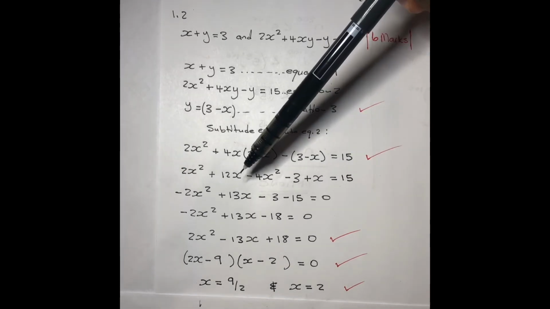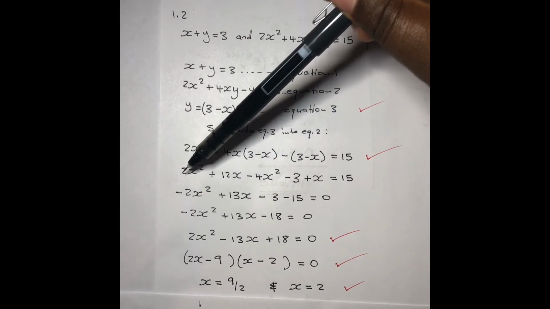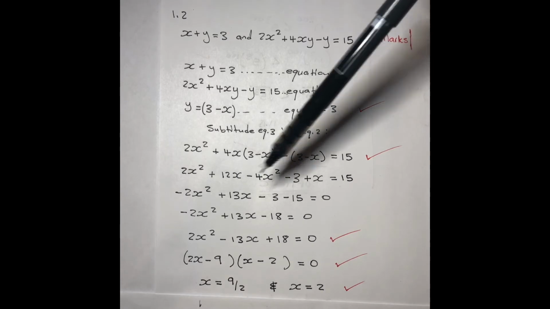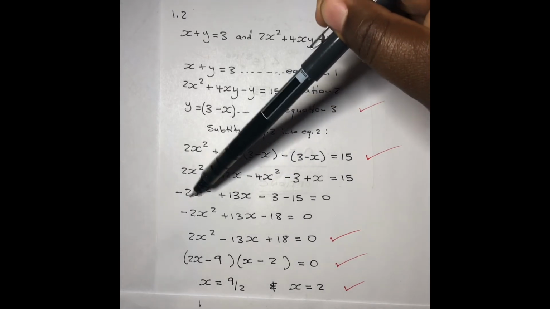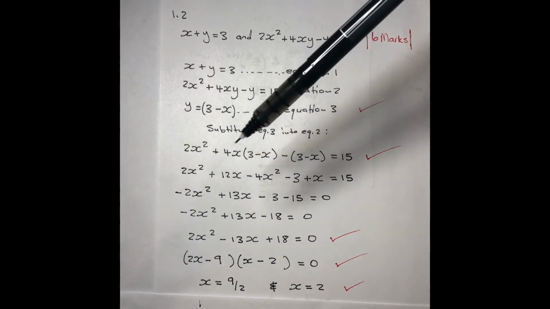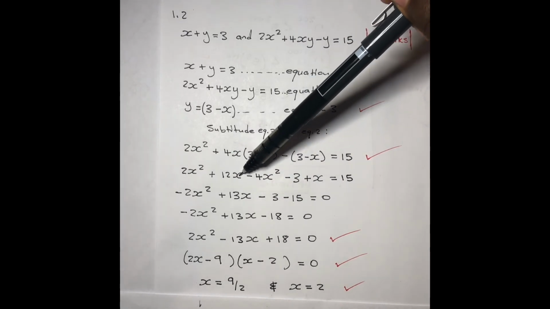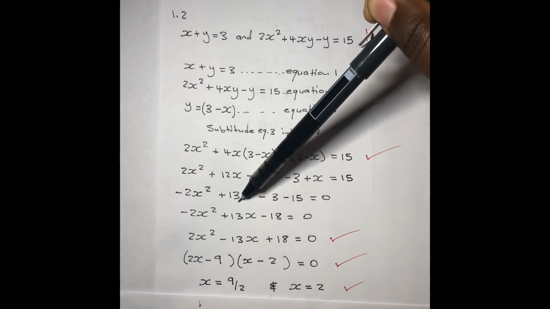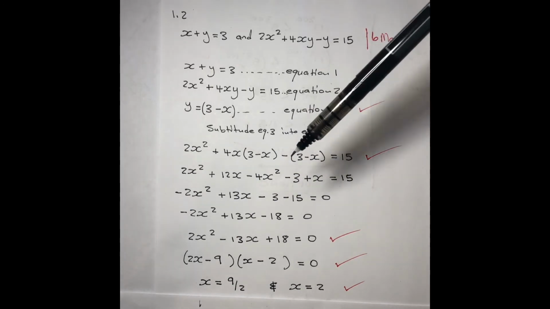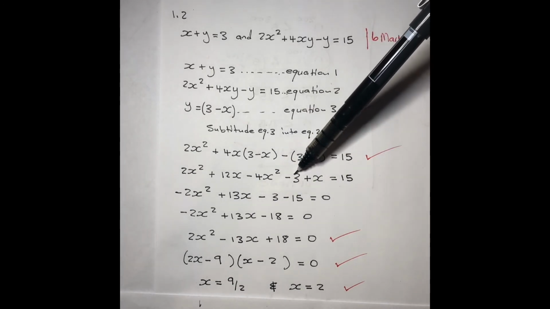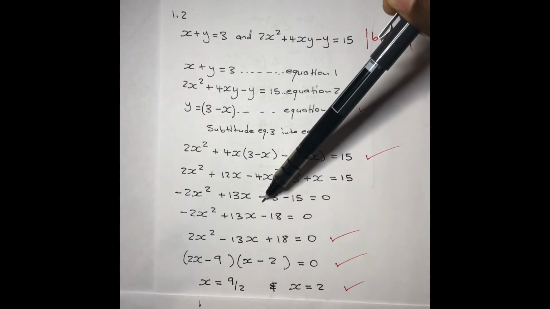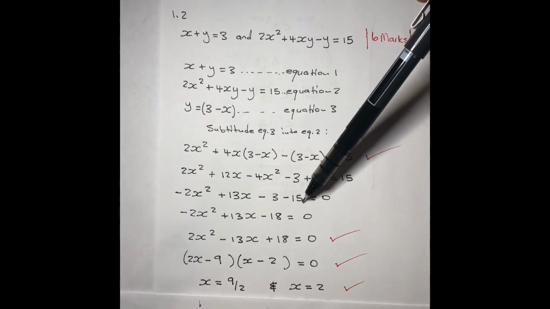Next, 2x squared minus 4x squared becomes minus 2x squared. 12x plus x becomes 13x. You've got your minus 3 and minus 15.